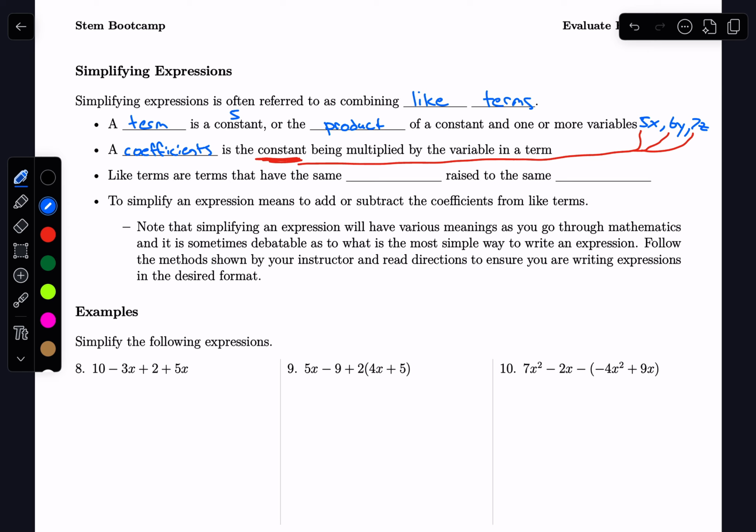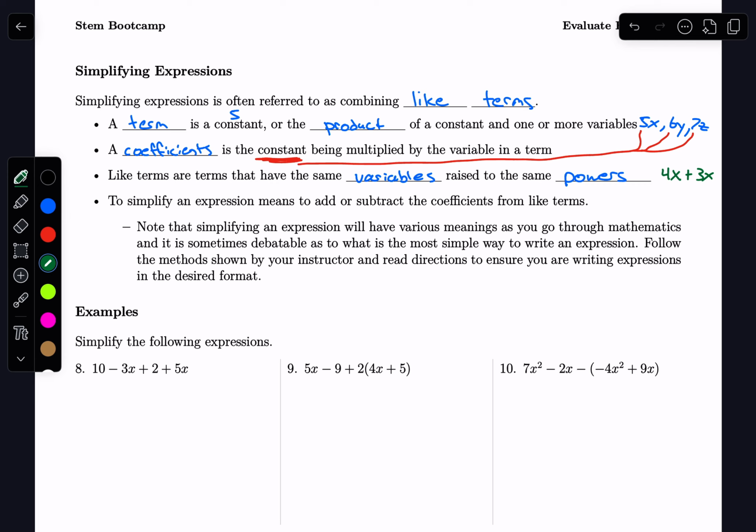All right, so now like terms, okay, we saw what a term is, we saw what a coefficient is. Like terms are terms that have the same variables raised to the same powers. So a few examples here. We might have 4x plus 3x. Those are like terms because they both have an x to the power 1.